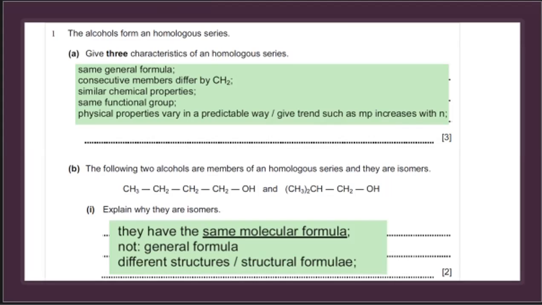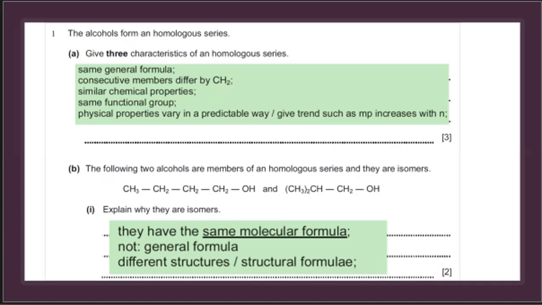Things like boiling point and melting point increase with the number of carbons present. So the characteristics of a homologous series: they differ by a CH2 group, they have similar chemical properties, and they have the same functional group.